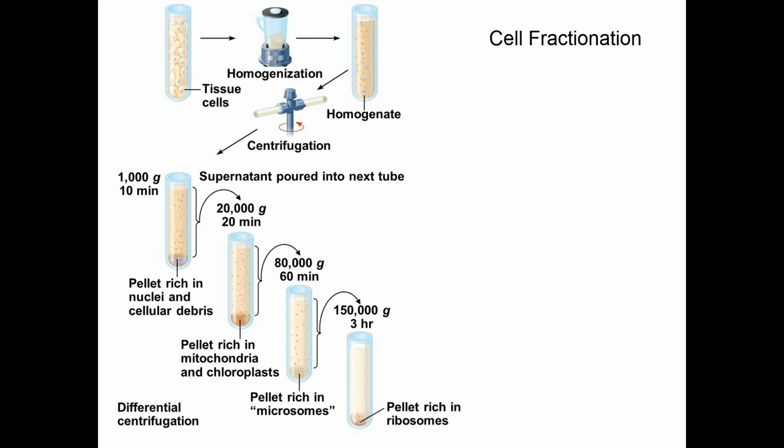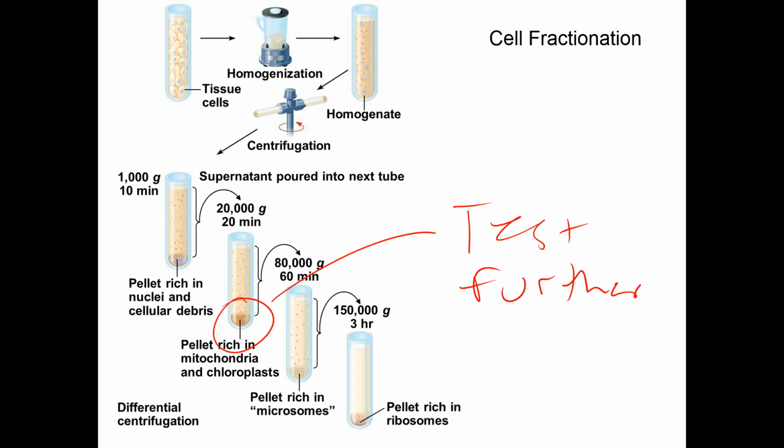Then spinning it for 150,000 Gs for 3 hours, you get even smaller components, you get ribosomes. Then you can take a sample of, let's say, mitochondria, and test it with further experimentation.